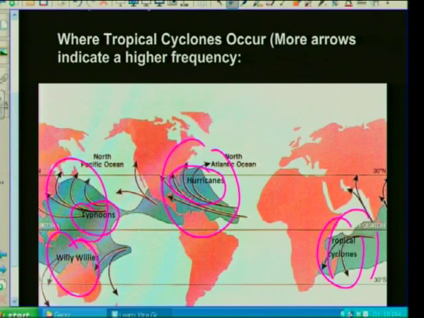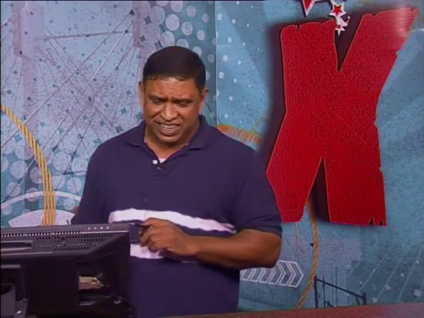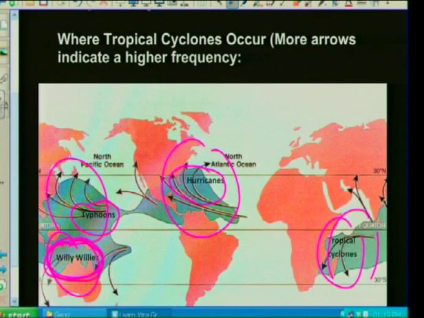When it affects Australia, most books call it a willy-willy, and this answer is accepted. I am aware that if you research on the internet, Australians do call it a tropical cyclone, and they refer to a willy-willy as a dust storm. But because most of our books have it, we do accept it as a willy-willy.